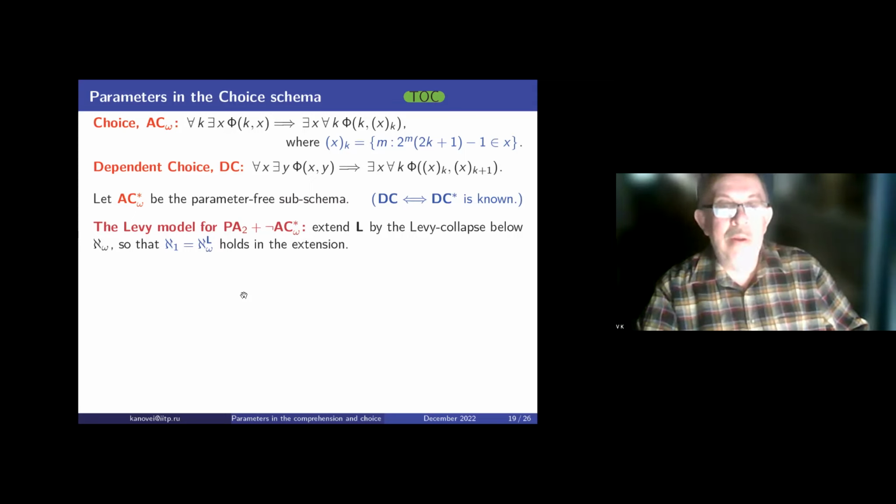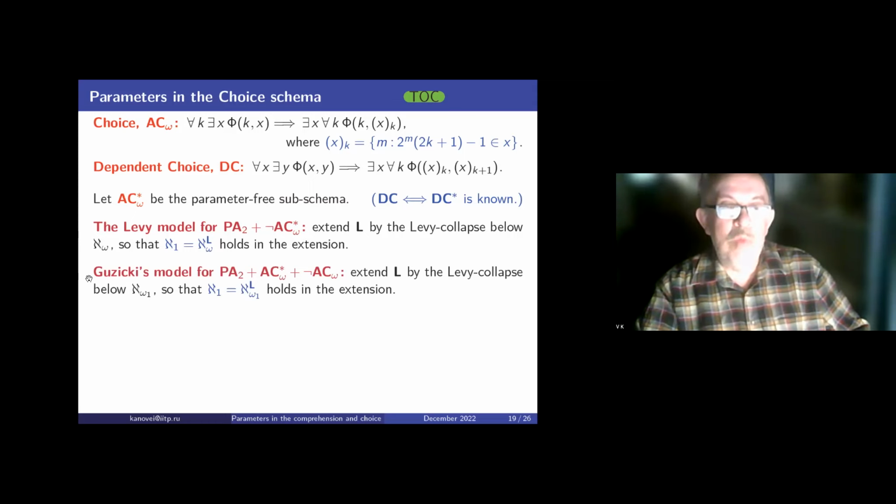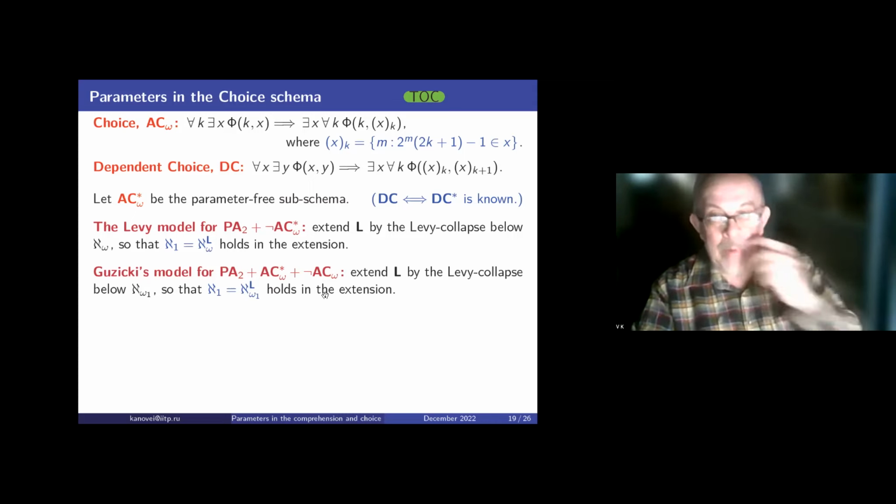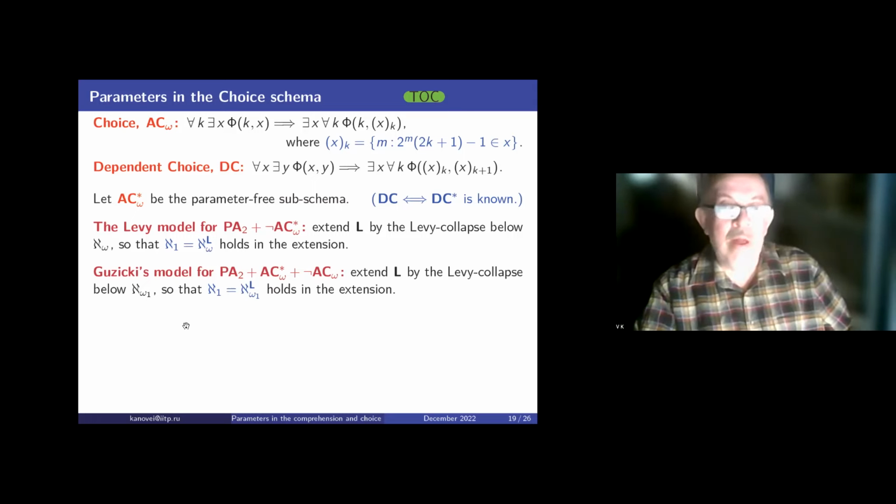Well, then later, Guzicki had a model of PA plus parameter-free choice, but not the general choice. It's also a model made by Levy collapse, but a longer collapse, below Aleph omega 1.